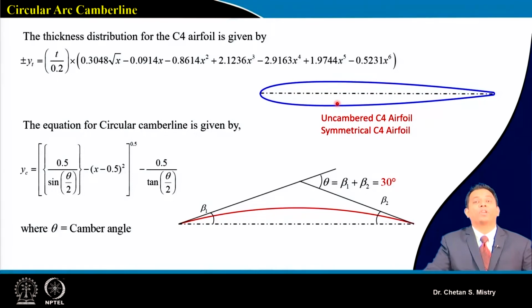Now what are we looking for? We want this thickness distribution to be placed on my camber line. So I am looking for a camber line. Suppose this is my camber line. In order to make that camber line, we need our angles. These angles we can say beta 1 and beta 2 are nothing but my metal angles.